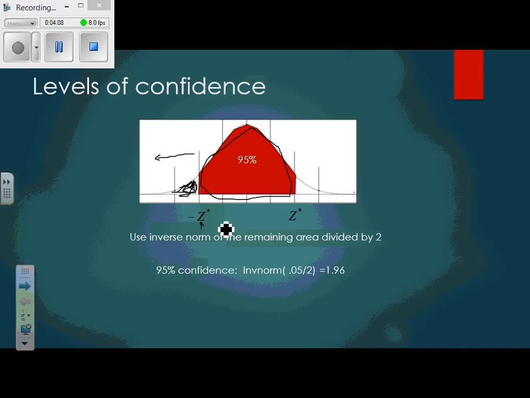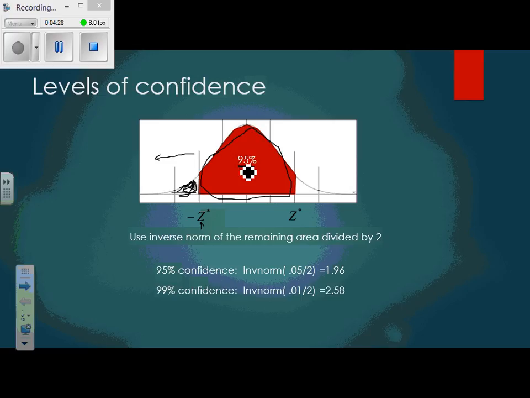We've always used 2 with 95%, and there's where it's coming from. Another common one is 99% confidence. So this time, the number in the middle would be 0.99, which means we need to divide the 1% that's left in the 2 tails by 2, and that's a z star of 2.58.